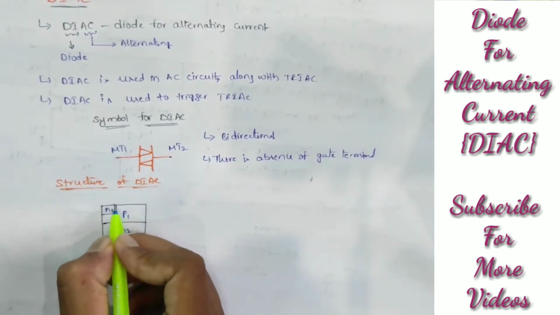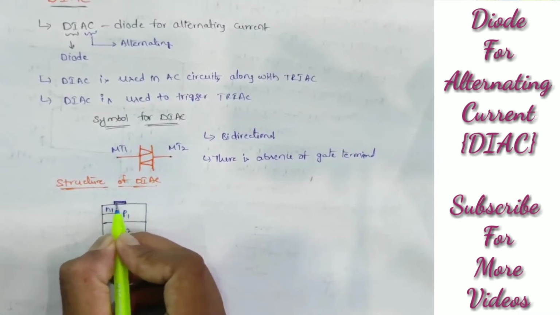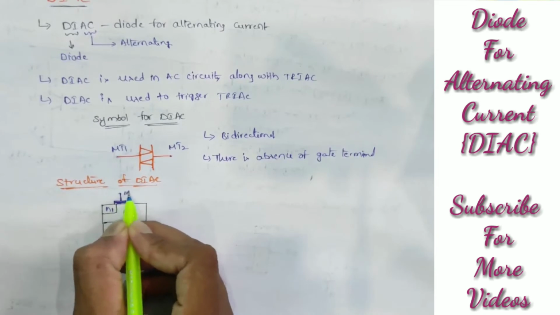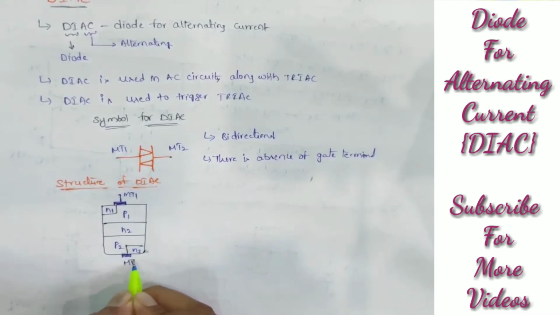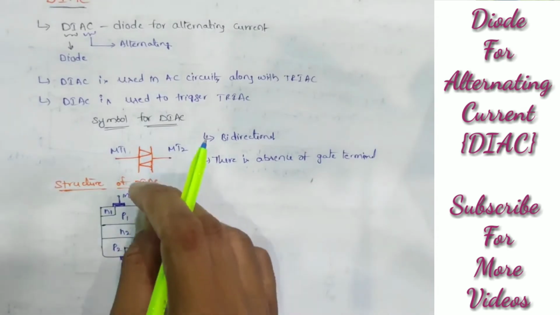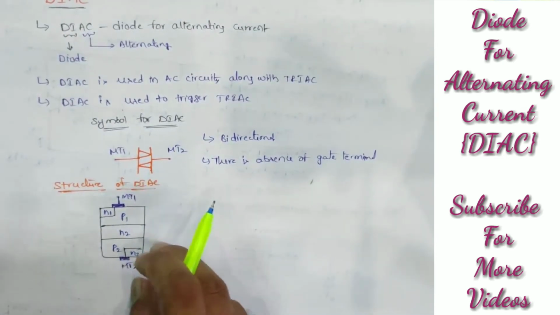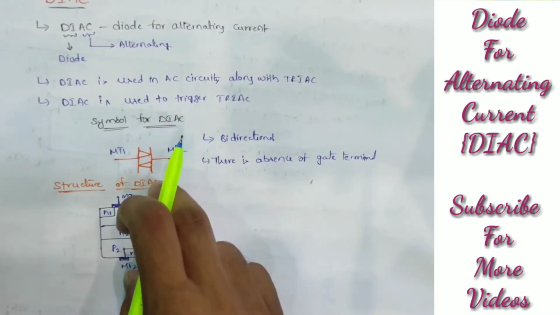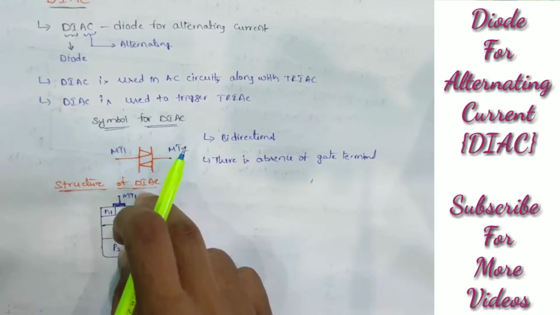The N1, P1 layers are attached to the terminal MT1, whereas P2 and N3 are attached to the MT2 terminal. Based on the biasing, that means when MT1 is positive with respect to MT2 or MT2 is positive with respect to MT1, the terminal layers are activated.